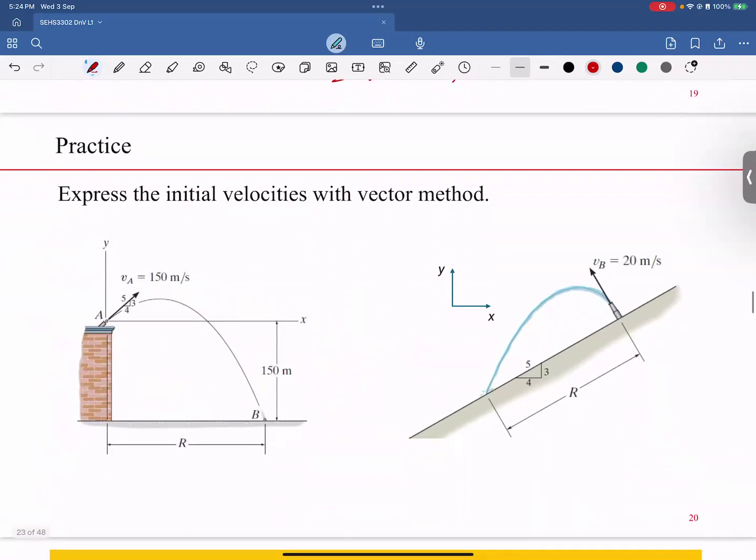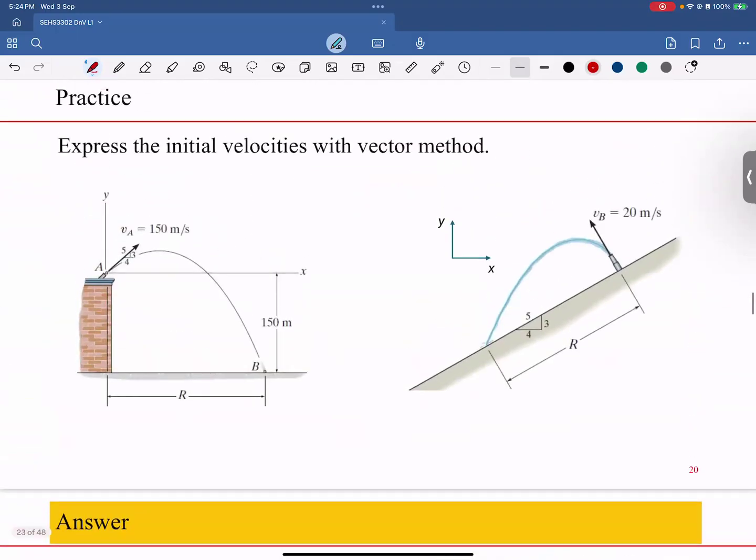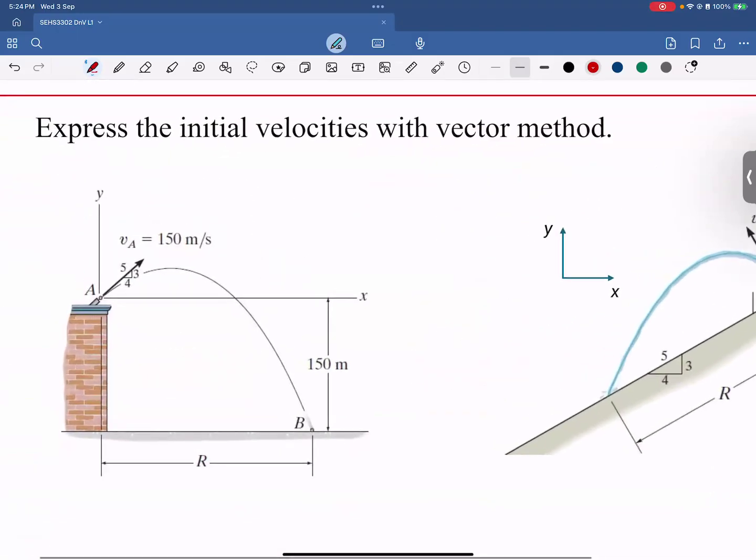Okay, and the last one, link up the direction and the vector by the ratio.